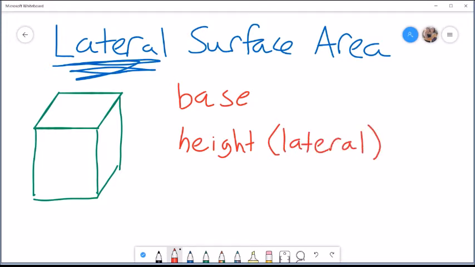The base is actually the most difficult to identify in a rectangular prism because the base can be any of the sides. So when we're talking about a rectangular prism, usually we're talking about the top and the bottom. And the height is the distance between the bases.